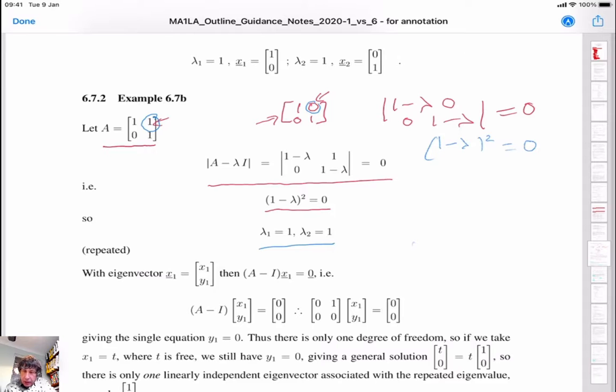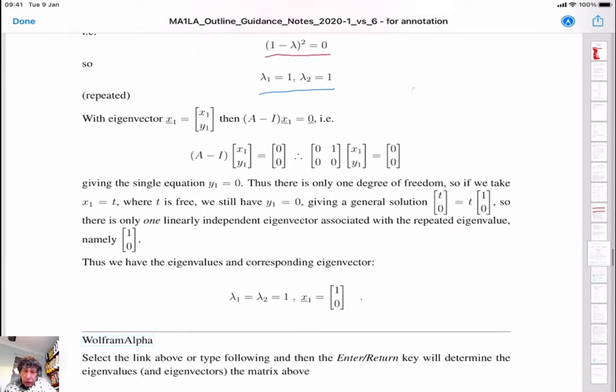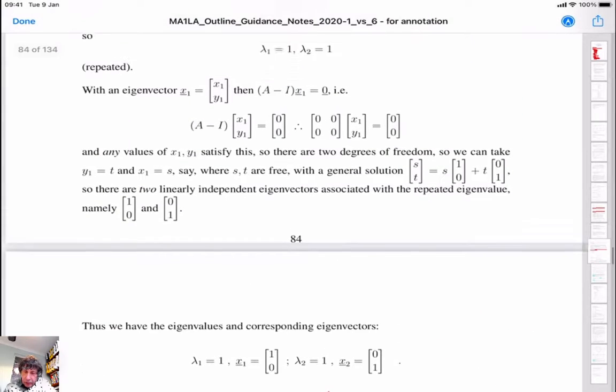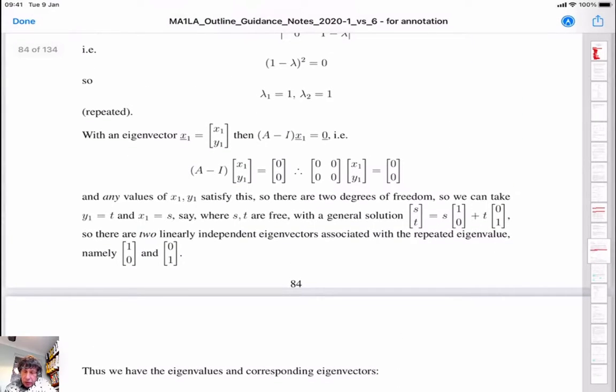eigenvalues, but in this case, if we look for the eigenvector associated with that single repeated eigenvalue, then this time the set of linear equations for our eigenvector x1 forces the second component, as we'll see by multiplying this out, y1 equal to 0. Previously, we had no such constraints.